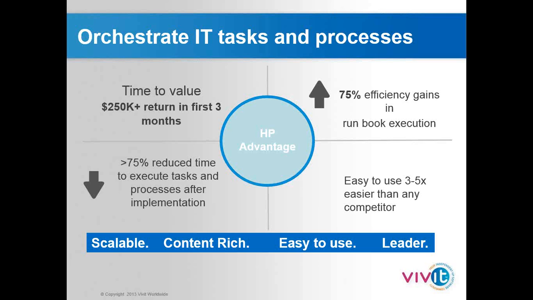It is content rich with 5,000 plus ready operations available, so that the IT management team just doesn't need to invent any of the operations, but those are already available as part of the library which they procure along with HP OO. It's easy to use and an undisputed leader, as is also highlighted by the research done by various analysts.